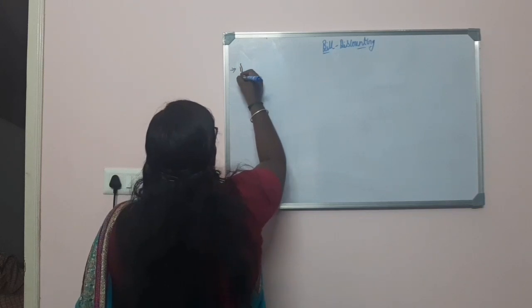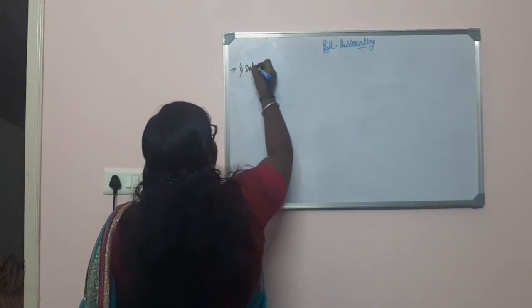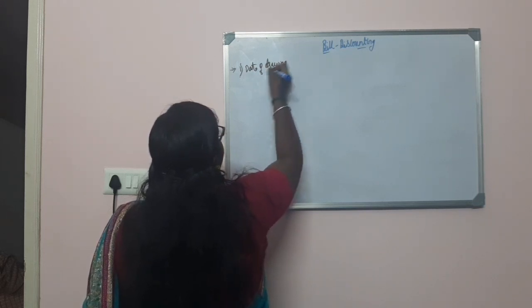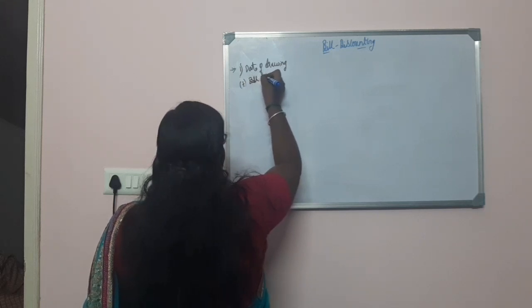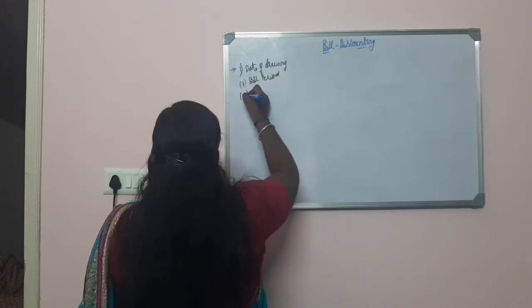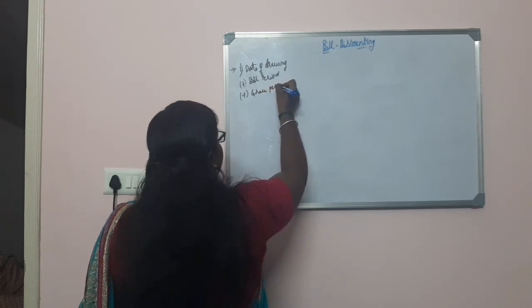So for problem number 1, to find out the legal due date, that is date of drawing plus bill period plus grace period.